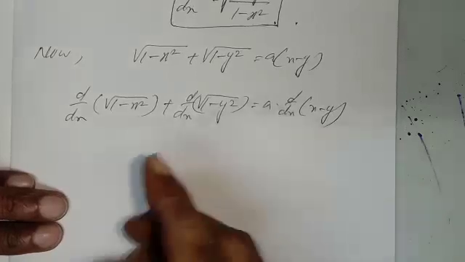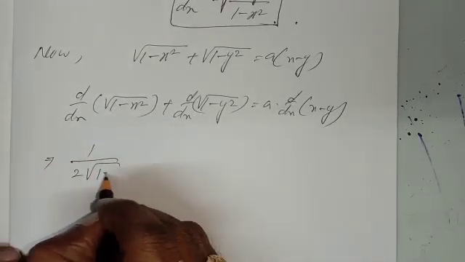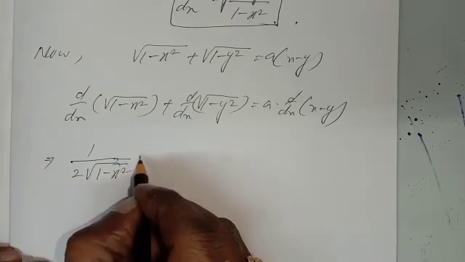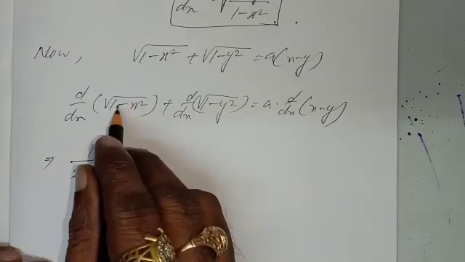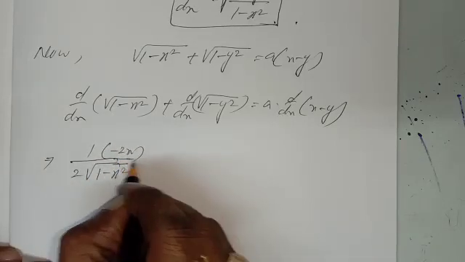After that, so what is the derivative of root over? Means 1 by 2 root over 1 minus x square. Again derivative of 1 minus x square, that is minus 2x. I am writing here minus 2x.